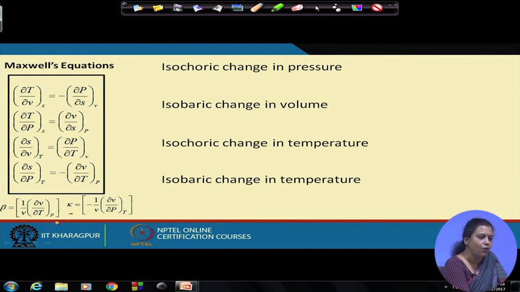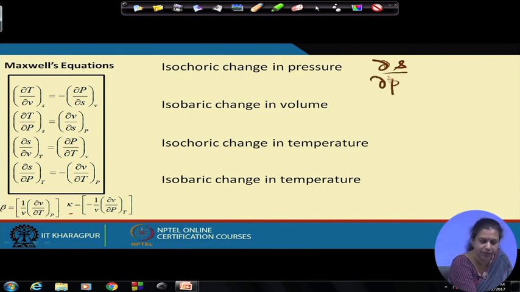Now, let us see how we can play with this set of Maxwell's equations in order to find out the isochoric change of entropy with pressure. What does isochoric change in entropy mean? It basically means del S del P at constant V, right.